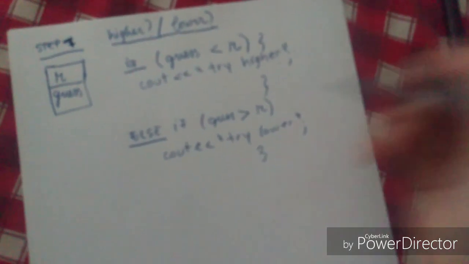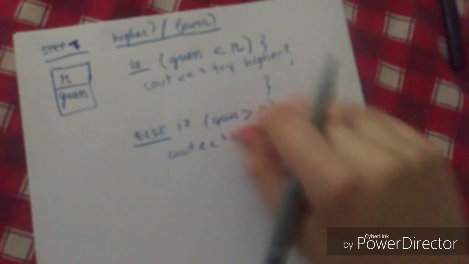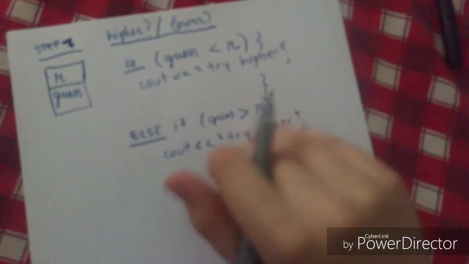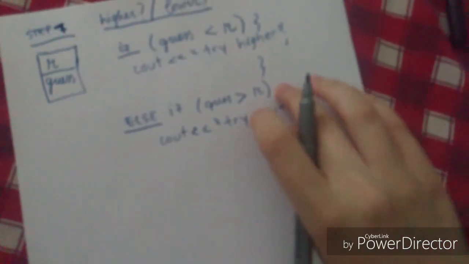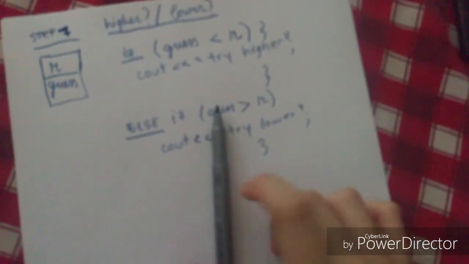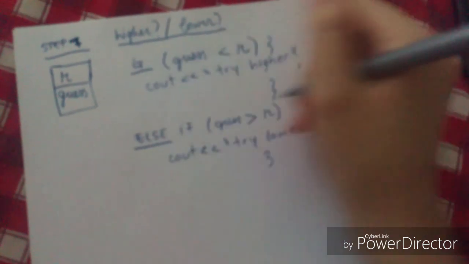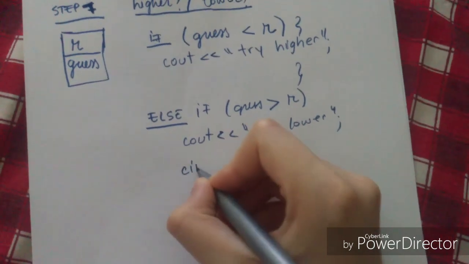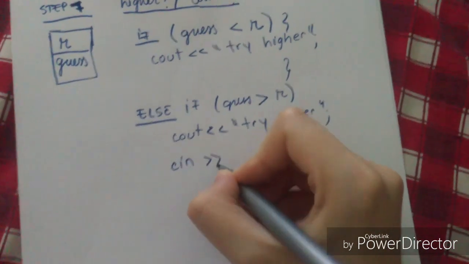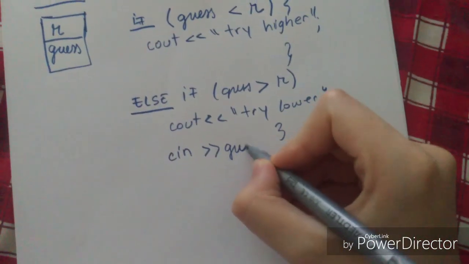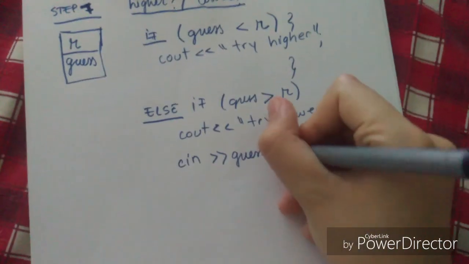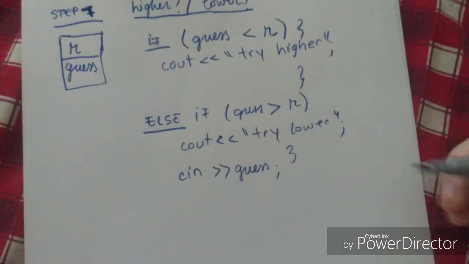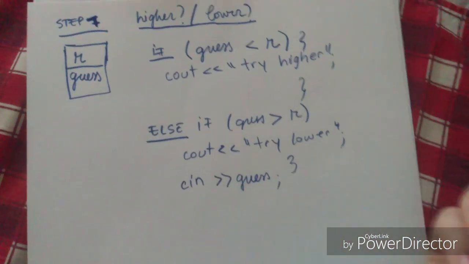Now again, we need to take in user input in every case, and for this we are going to just include cin again. We are going to include a cin statement in here for guess, because we're taking it again in order to check if it's correct.